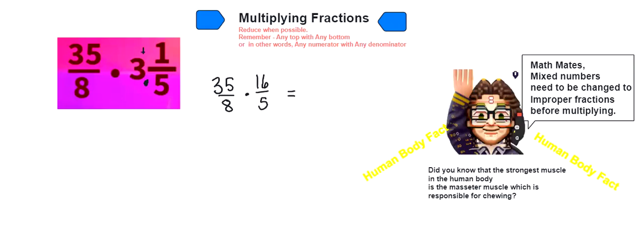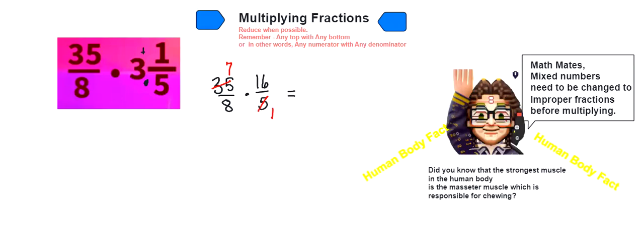Now, before we multiply across, we want to see if there is anything we can reduce. Again, any top with any bottom. 5 goes into 5 once, and 5 goes into 35 7 times. So those are reduced. Is there anything else I can do?